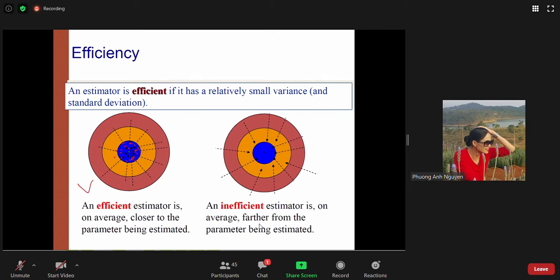Compare to the second case, where here you are quite far away, and the next one is also closer, but they are all quite far away from the target. An efficient estimator is the one giving you values closer to the true value of the parameter, so it is measured by the variance. When the estimator is not efficient, we say that it is inefficient.